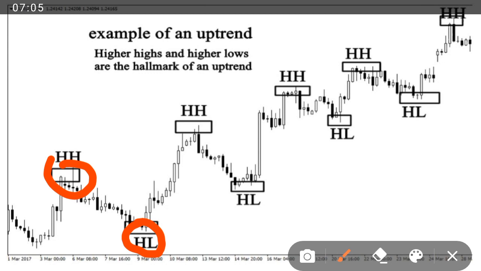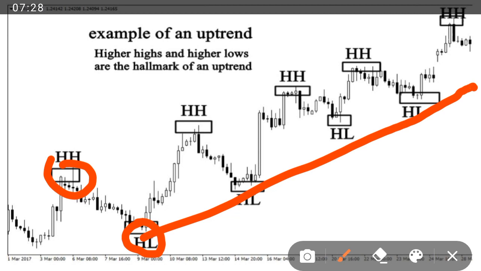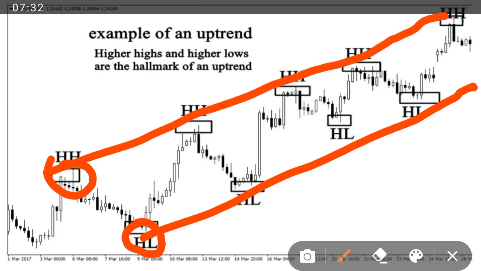As it's making another high, it is called higher highs because the high is increasing. That's why you call it an uptrend. So an uptrend makes higher highs and higher lows, because the downswing point is called lows and the upper swing point is called highs.